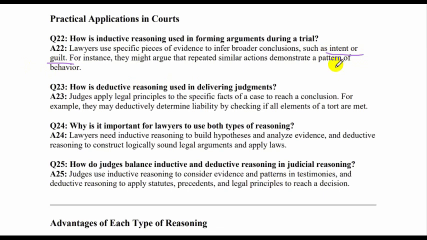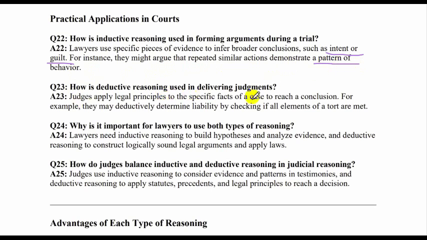If that is proved, then the judgment can come in his favor. For instance, the lawyer might argue that repeated similar action demonstrates a pattern of behavior. Any pattern or observation is an inductive reasoning.